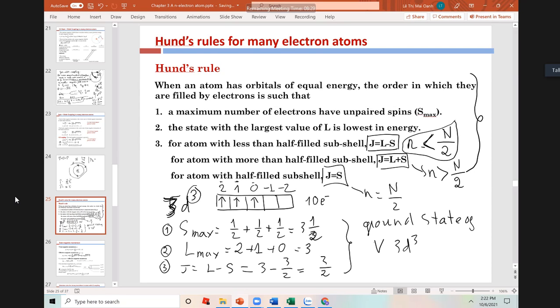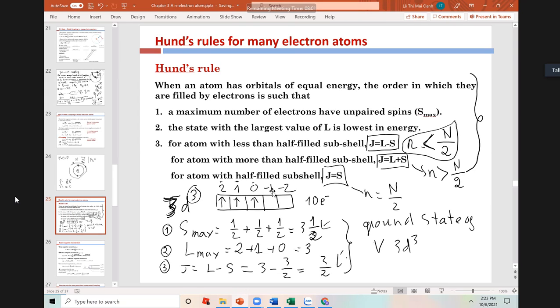From this you will have the spectroscopic notation of this subshell. For this subshell, you have L equal to 3, S equal to this, and J equal to this. This is the way you calculate the S, L, and J quantum numbers of the ground state atom.